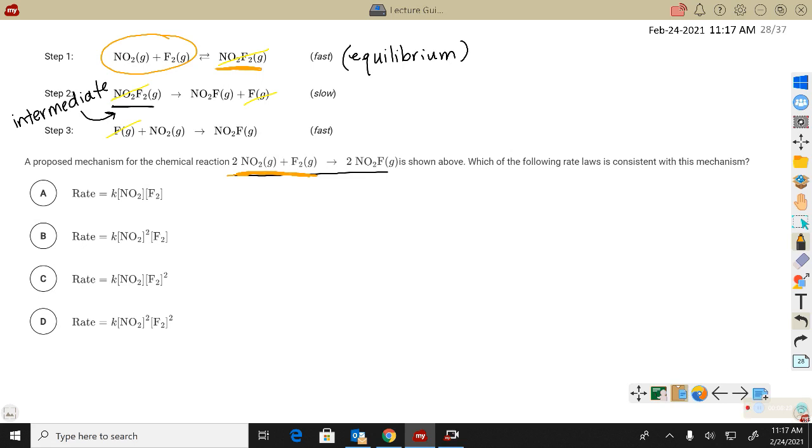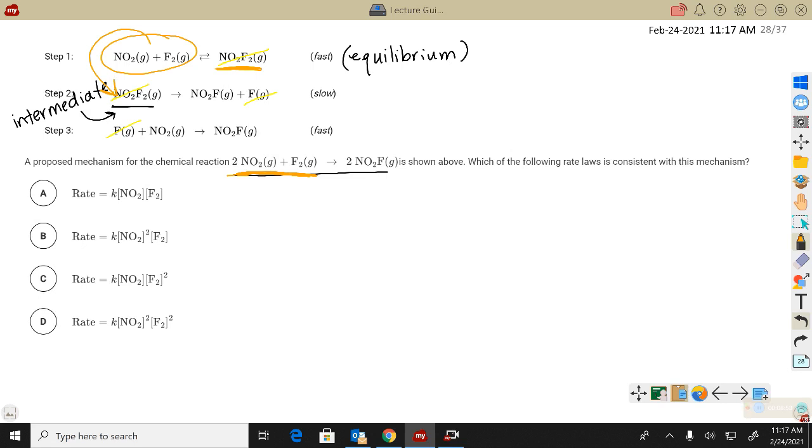So what we're going to do is make a substitution. I'm going to take what's opposite the intermediate in step 1 because it's reversible. So both reactants and products are present at the same time. So I'm going to take these reactants from step 1 and substitute that in for my intermediate in step 2.